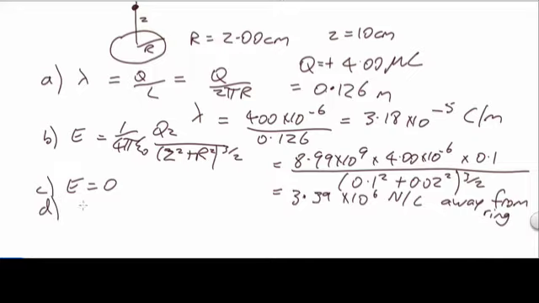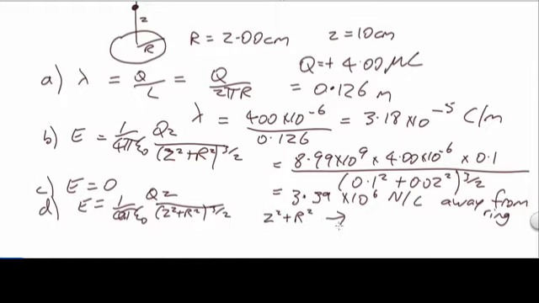Now if Z were very large, let's just look at the equation. 1 over 4 pi epsilon naught QZ over Z squared plus R squared to the 3 over 2. Now if Z is very large, then in Z squared plus R squared, basically the R squared becomes insignificant.